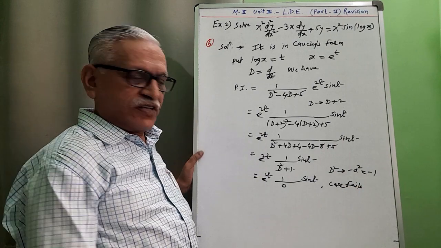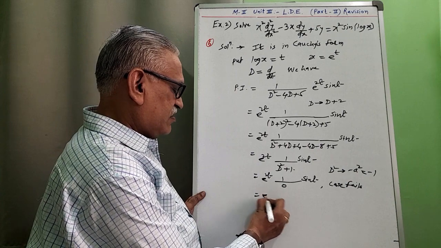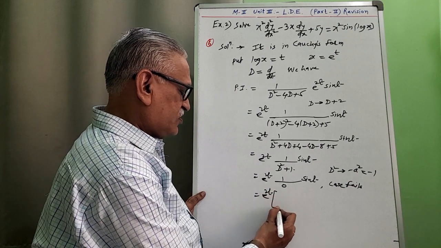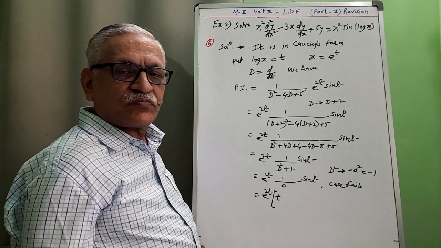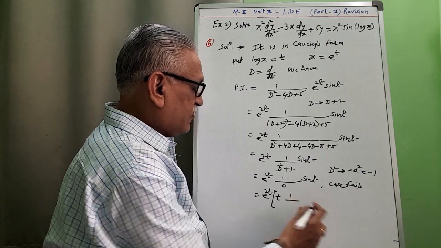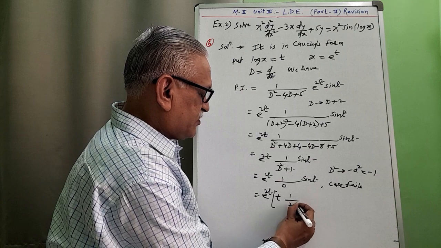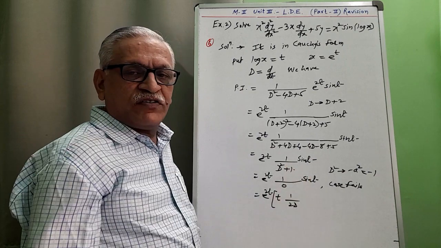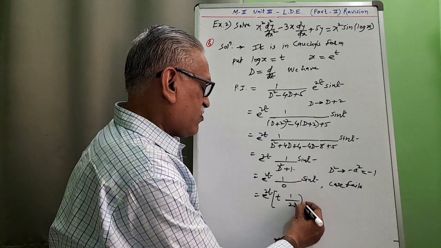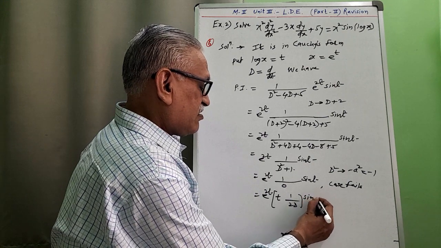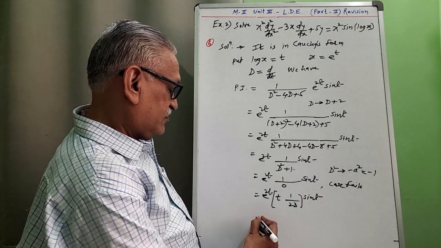As the case fell first time, next step is e raised to 2t as it is, no change, t into differentiating this with respect to d. Its differentiation is 2d, derivative of 1 is 0, and then operate it on sin t.